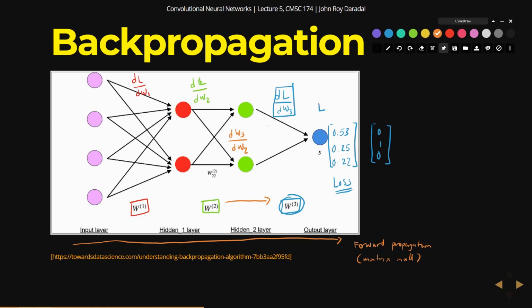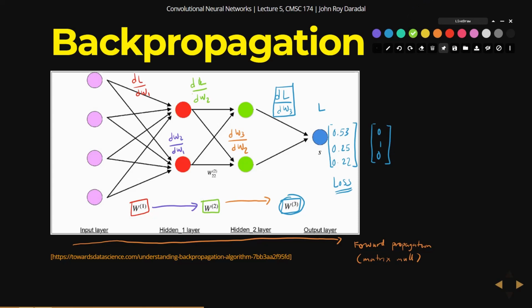So they're successive. So we can compute this local gradient. And then we'll do the same for the previous layer. Maybe I'll use purple. So from here to here, that would be the derivative of W2 with respect to weight 1.